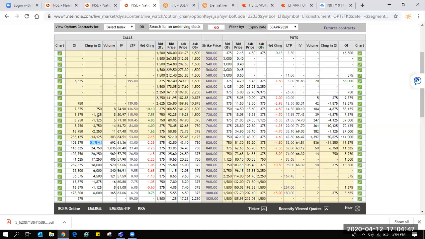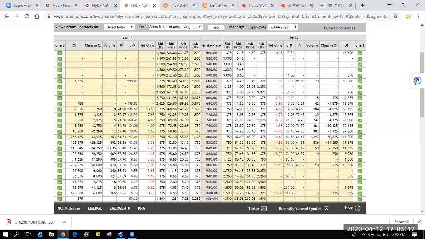And these are not intraday positions. Any change in OI is not intraday. Change in OI is always on the positional, on the EOD basis only. If the person is trading in intraday, it will show the positions during the intraday, but it will not be reflected if you consider the end of the day.